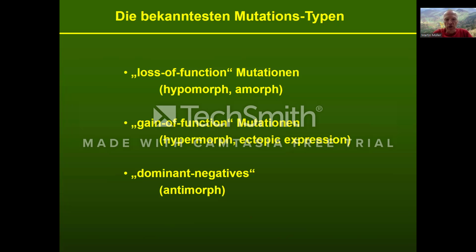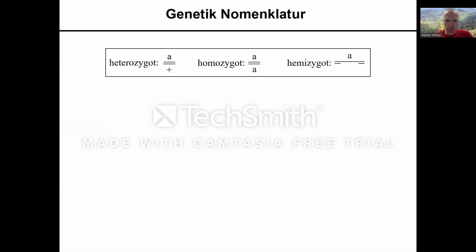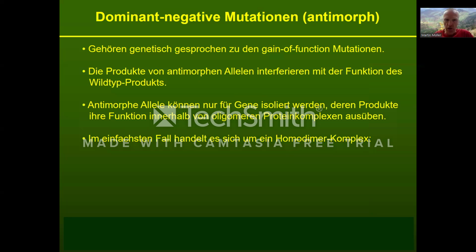These are mutations which are in a way more severe than an amorphic mutation because they are poisoning the complexes it normally takes part in, also protein complexes, and renders them inactive. And I have a figure where we skip this. These are all the names you should know, which I also mentioned.